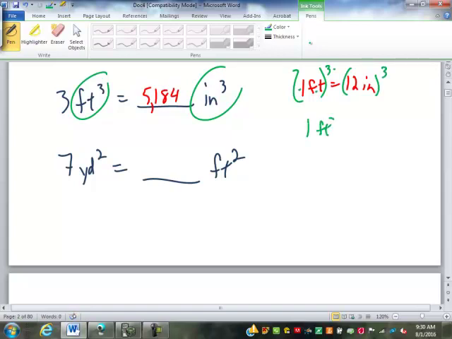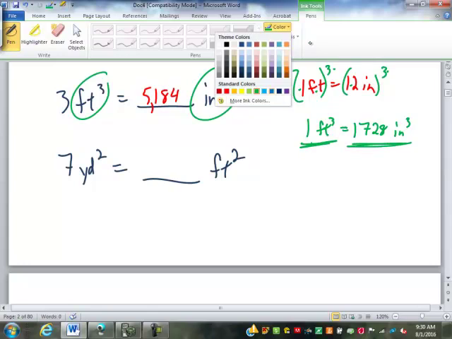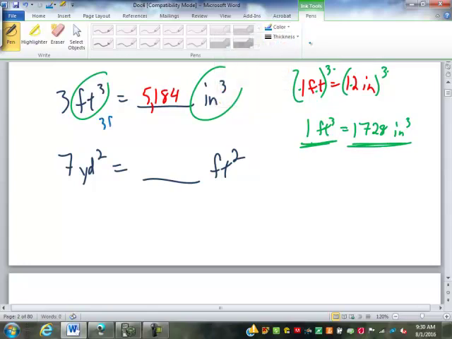Feet cubed is feet cubed. 12 cubed is 12 times 12 times 12, which is 1,728. Inches cubed is inches cubed. So 1 cubic foot equals 1,728 cubic inches. So 3 cubic feet over 1 times 1 cubic foot, 1,728 cubic inches. Cubic feet cancel out. It is 3 times 1,728, which is 5,184.